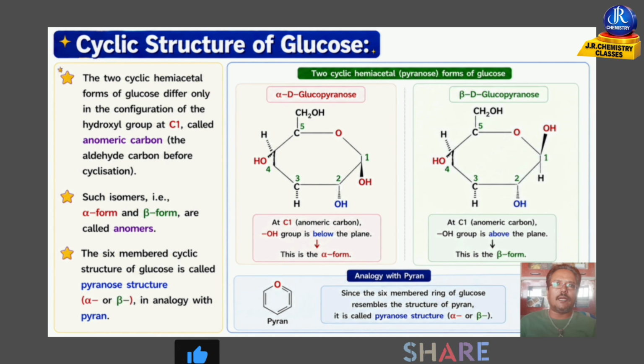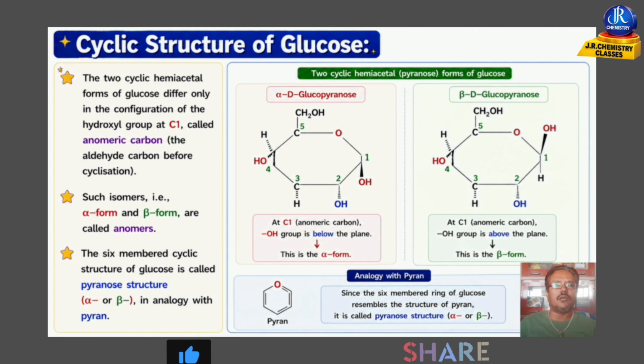The two cyclic hemiacetal forms of glucose differ only in the configuration of the hydroxyl group at C1, called the anomeric carbon, the aldehyde carbon before cyclization. Such isomers, that is alpha form and beta form, are called anomers.